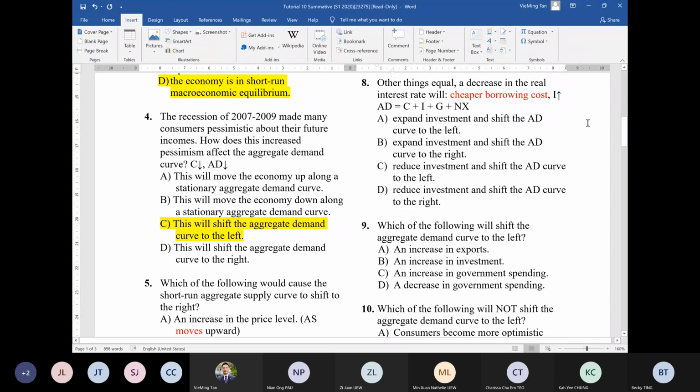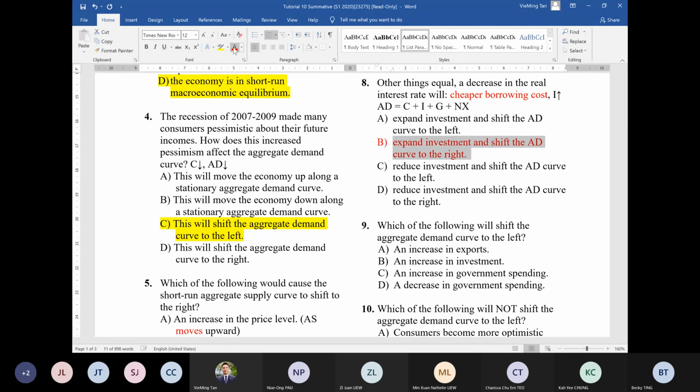So when I increases, the AD will increase, right? So AD will shift to the right-hand side. Yeah, answer would be Brazil. This one. Okay, it's cheaper now.